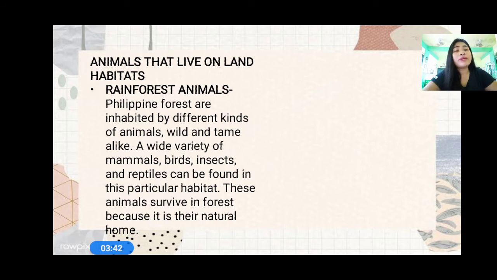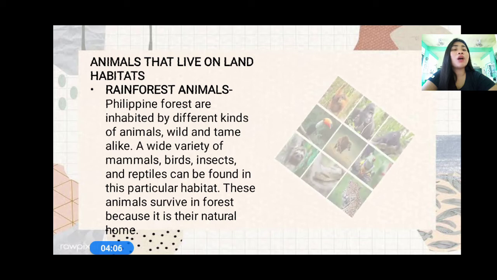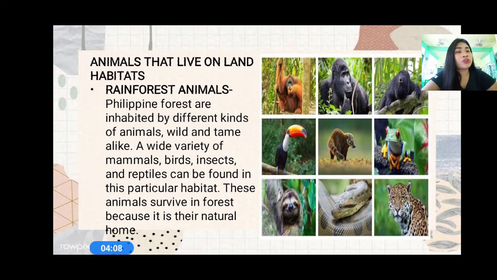Now, Philippine forests are inhabited by different kinds of animals, wild and tame alike. A wide variety of mammals, birds, insects, and reptiles can be found in this particular habitat. Now, these animals survive in forests because it is their natural home. Now, these are the examples of the animals in the rainforest. We have the gorillas, orangutans, some species of frogs.